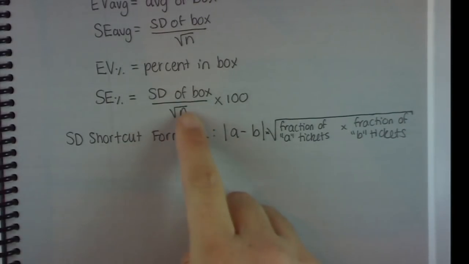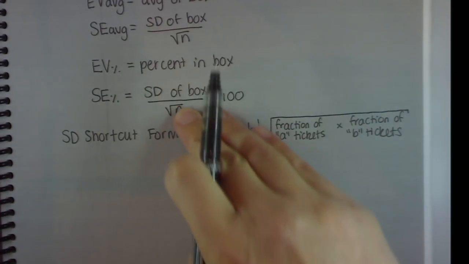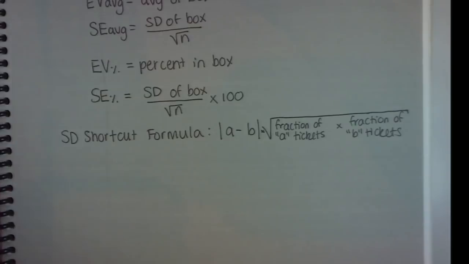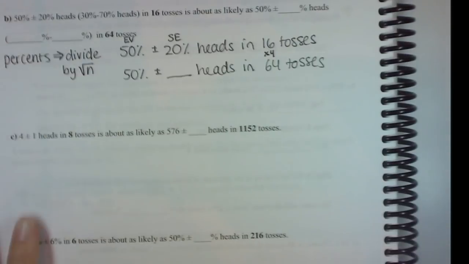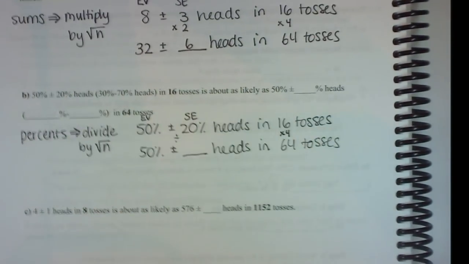We divide by square root of n. So if I just divided by n in the formula, I could say, we just divide by 4. But because I divide by the square root of n, this isn't going to change by 4. It's going to change by the square root of 4, which is 2. So my new standard error is going to get smaller for percents because we're dividing.